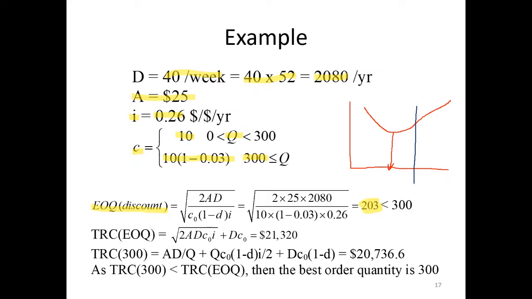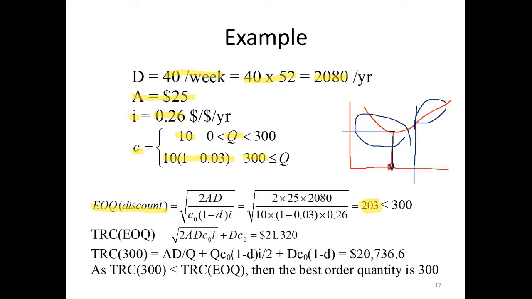Okay, this means that this part of the total cost curve cannot be used, since it's only valid when the order quantity is greater than 300. So this point is not achievable as a matter of fact, and its corresponding total cost is not achievable. All right.